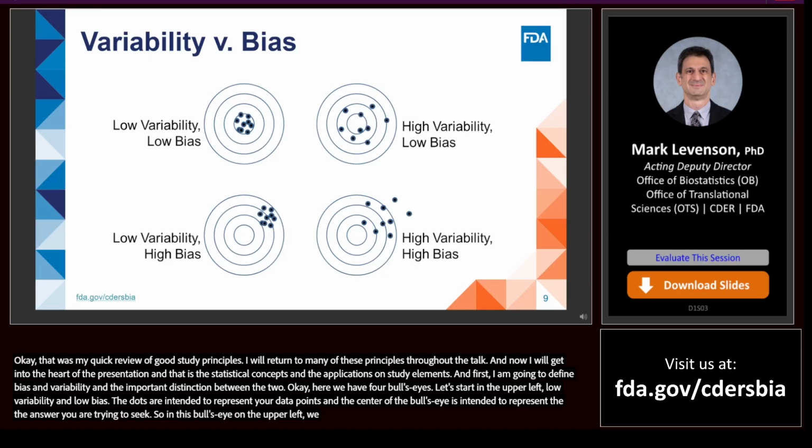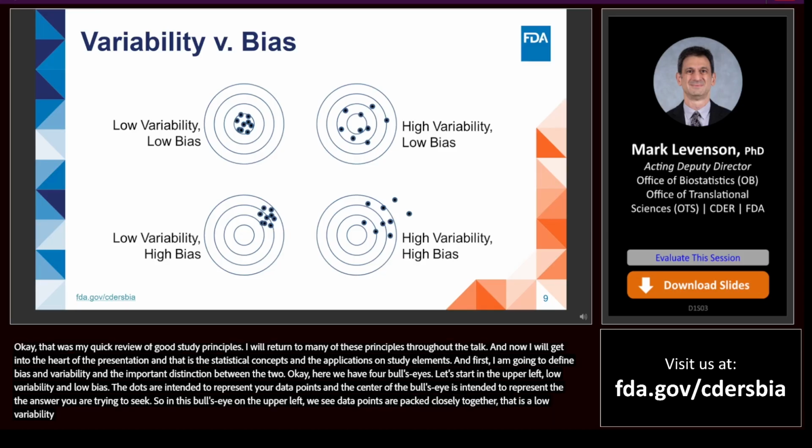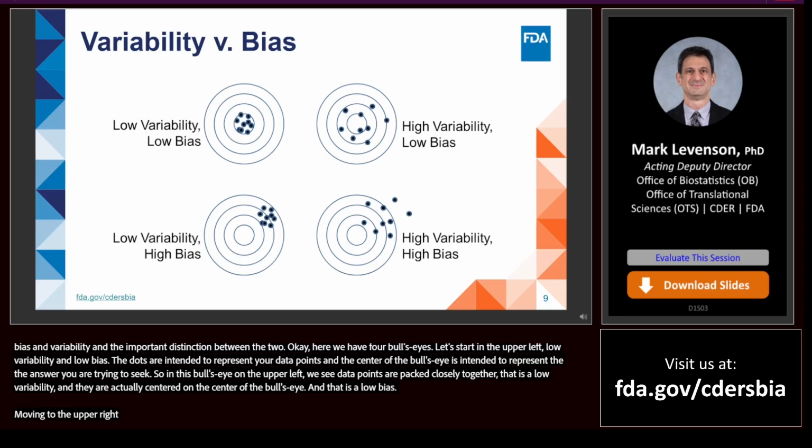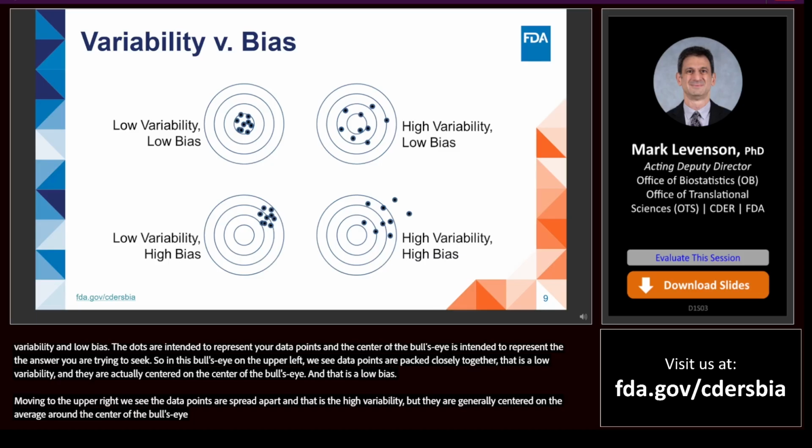Moving to the upper right, we see that the data points are spread apart, and that's the high variability, but they're generally centered on the average around the center of the bullseye, and that's the low bias. Moving to the lower left, the data points here are clumped together with low variability, but they're far from the center of the bullseye, so this represents high bias.